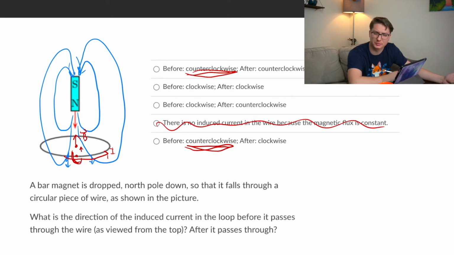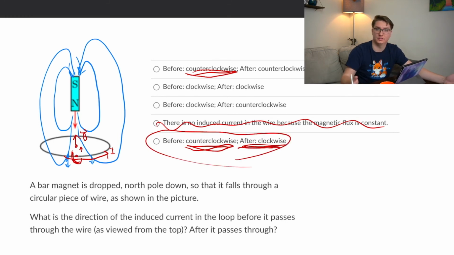It actually liked there being magnetic field. I mean, again, it didn't like change, but once it had that change, it doesn't want that to change. So it wants to make a magnetic flux going the other way, and we can pretty quickly see that it's got to be clockwise. Everything got reversed. And once we make a magnetic flux going the opposite direction, our answers get flipped. Okay. Hopefully that makes sense.